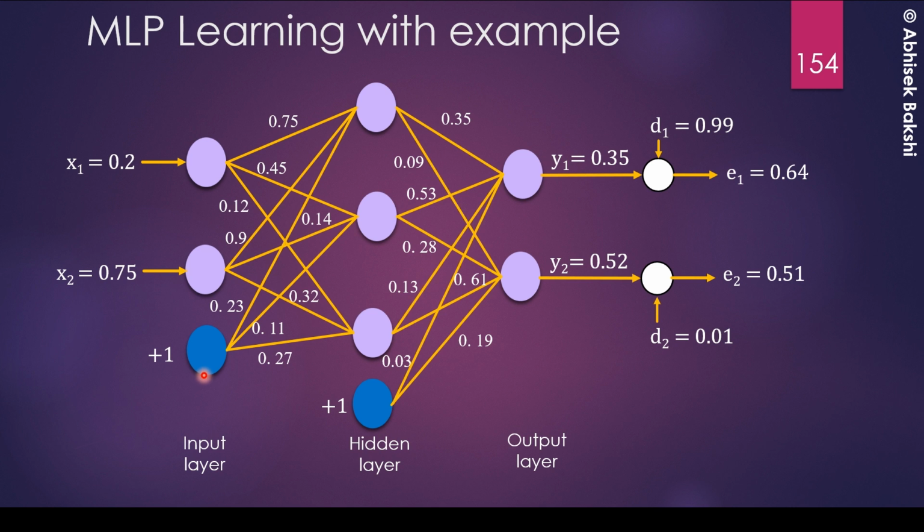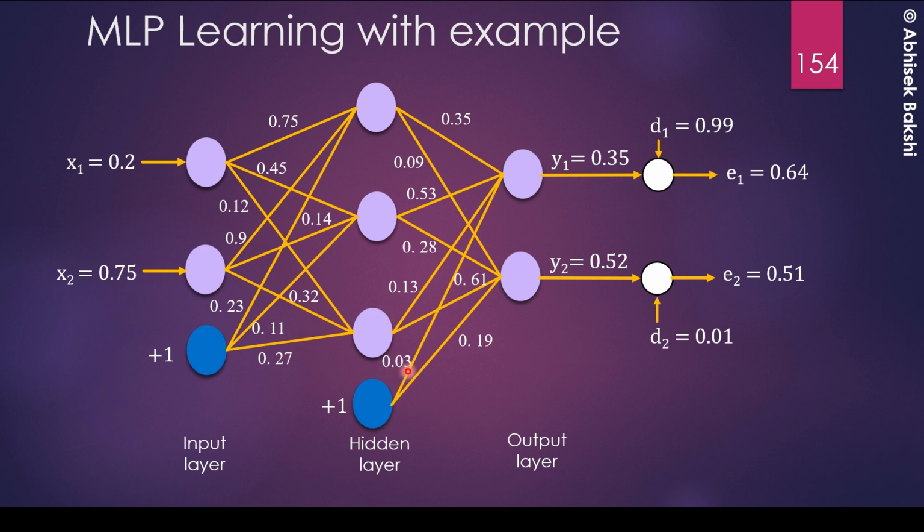Now, how the bias will impact this learning will be decided by the weight values by which this bias is connected with the other neurons in the next layer. For example, 0.23, 0.11, 0.27 are the weights of the connections between the bias of the input layer and the neurons of the hidden layer.